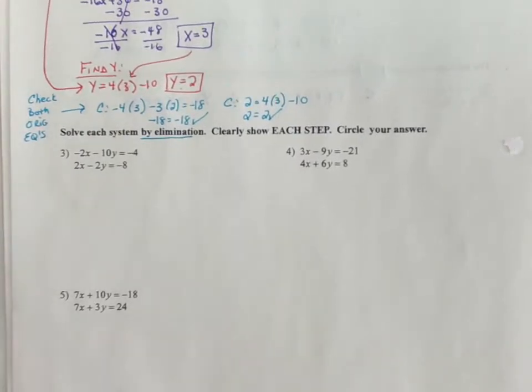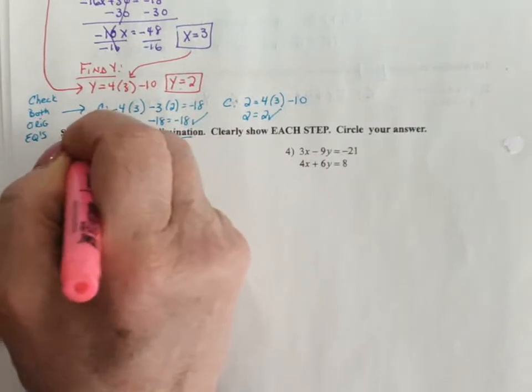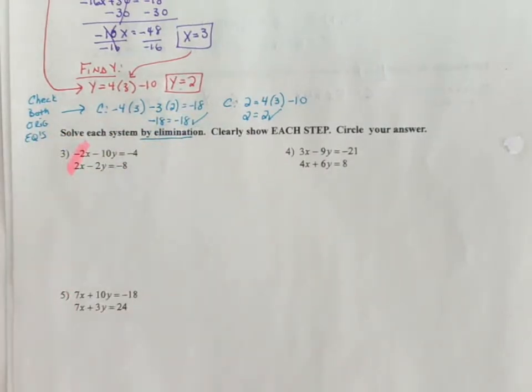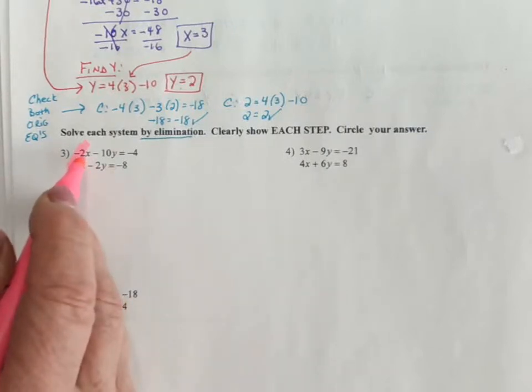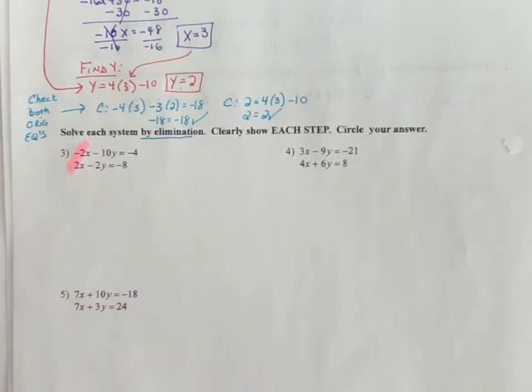All right, the elimination method. In this case, you look at the coefficients, and when you look at the coefficients, you see that these are opposites.